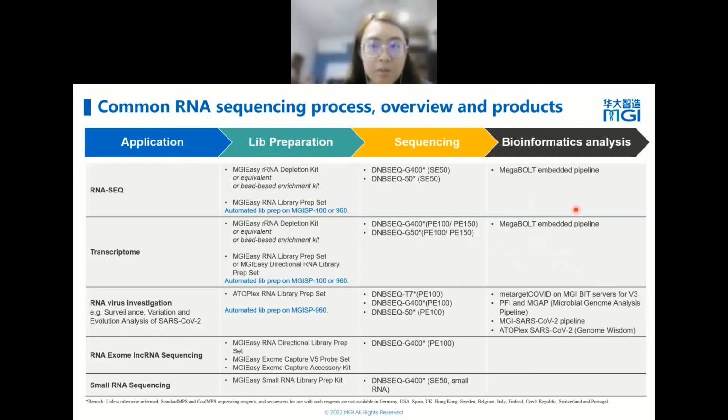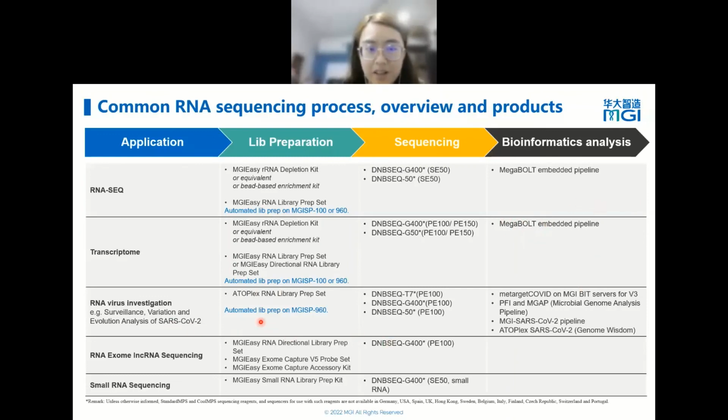On a normal workstation, you probably need about 1 to 2 days to process it. But on MegaBot, the basic analysis can be done in 2 to 4 hours, because MegaBot contains a hardware accelerator to speed up the bioinformatics analysis process.